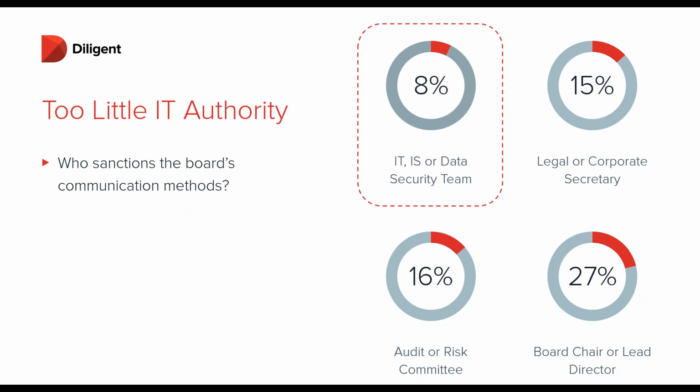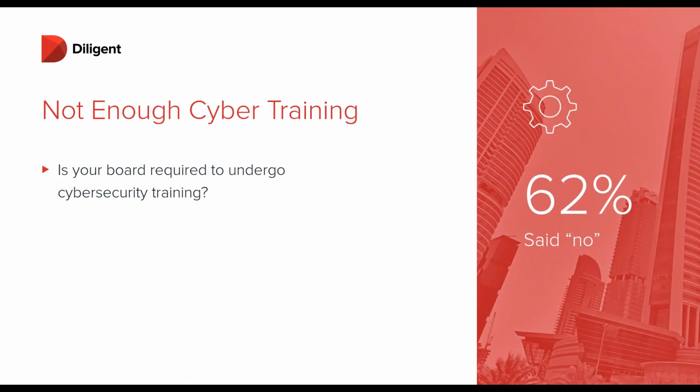When it comes to data security, that is in their wheelhouse, and it might really behoove the board and the security team to be in a little bit closer collaboration, having a bit more oversight and a bit more insight into what the board is doing. We know this is an issue because when we asked, does the board go through any cybersecurity training, 62% said no. Of the 22%, I believe it was, that said that they do receive some cybersecurity training, they told us that they had only ever had to do it one time, not once a year, once.